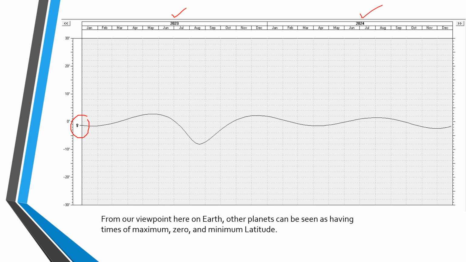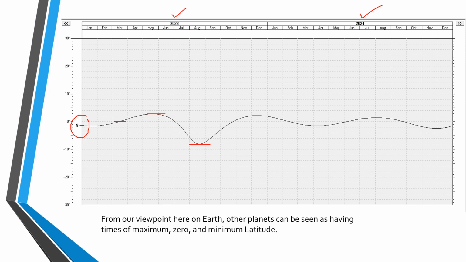So from our viewpoint here on Earth, we can see that there will be times when the planet Mars will cross through the ecliptic, 0 degrees. There will be times when it is relatively high above the ecliptic. Let's call that the maximum latitude. There will be times when it is relatively far below the ecliptic. We'll call that the minimum.